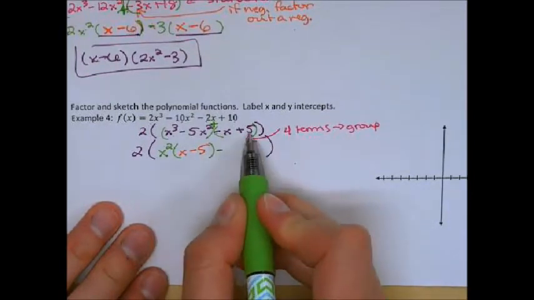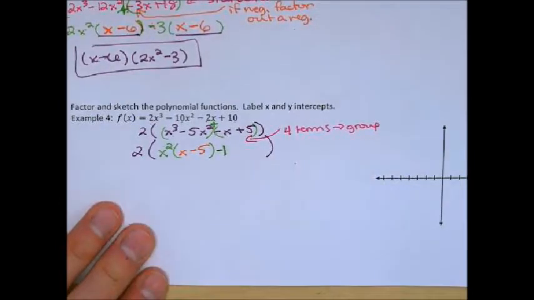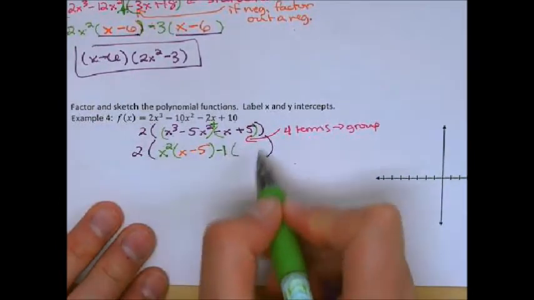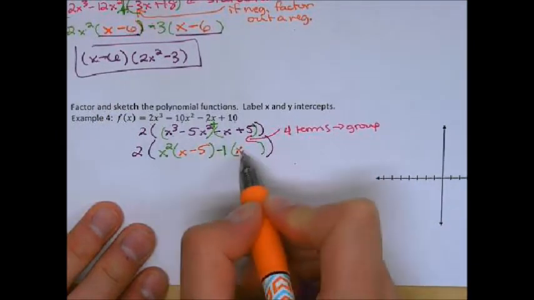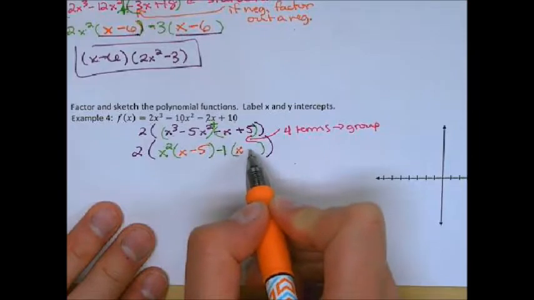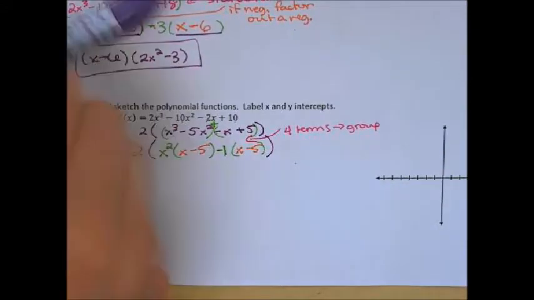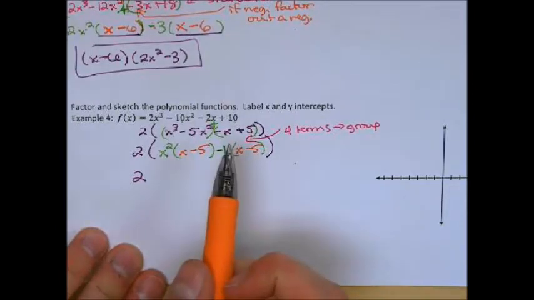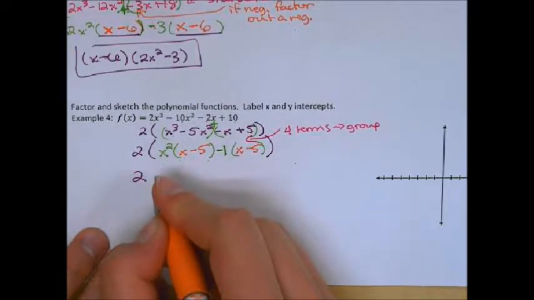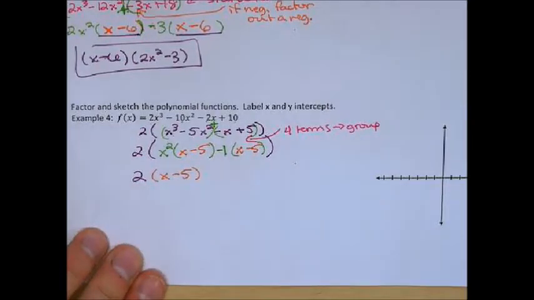What's my GCF of x and 5? There's no number, so it's going to be a 1. And then I have negative 1 times x is negative x, negative 1 times negative 5. All right, again, we just keep this 2 on the outside. What was our common binomial? x minus 5.